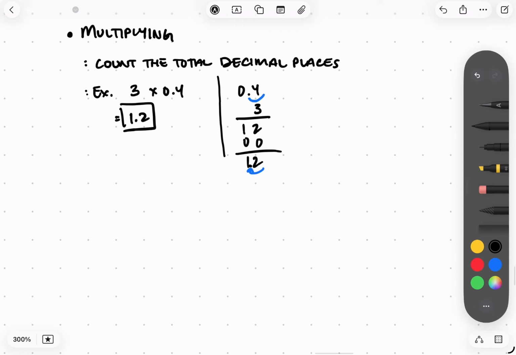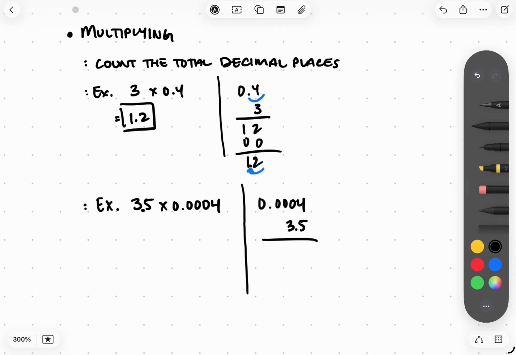All right, so let's try another number. Let's do 3.5 times 0.0004. Looks daunting, but let's give this a shot. I'll do the 0.0004 on the top there, and the 3.5 below.